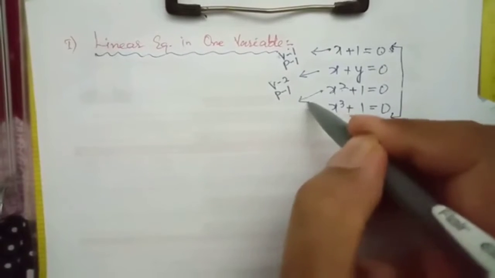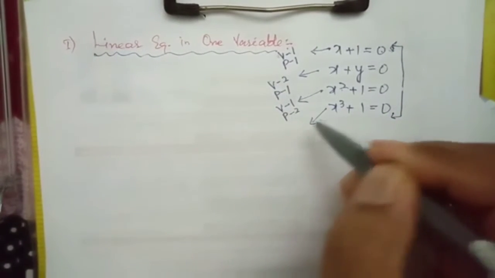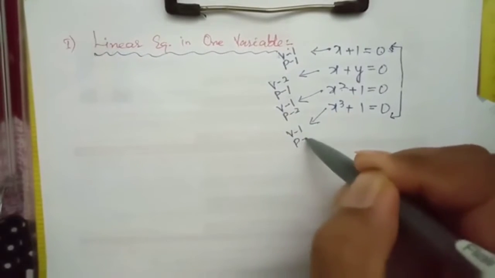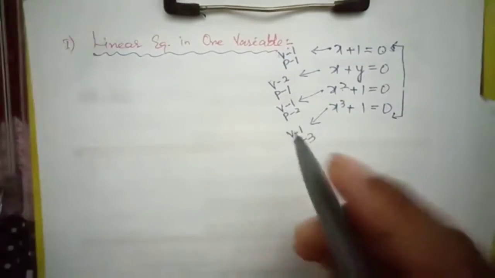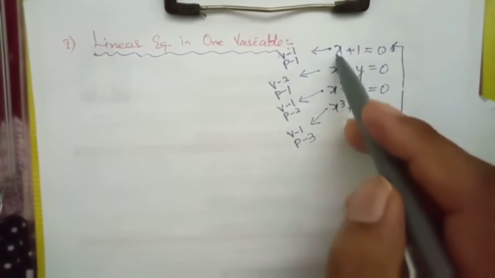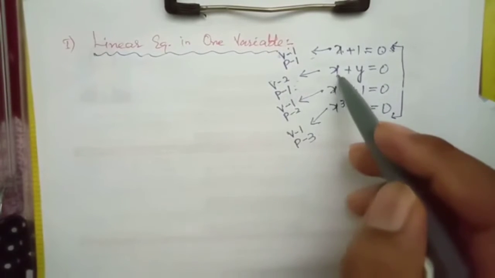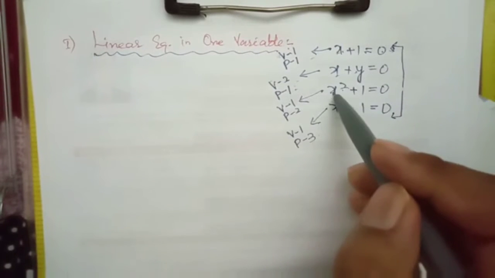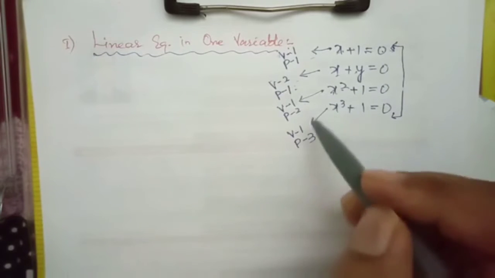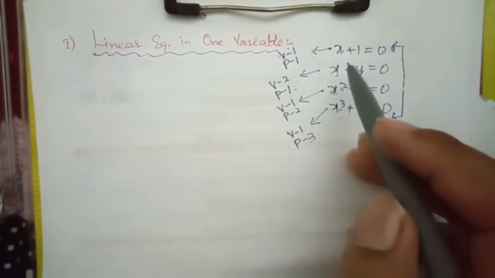Here there is only one variable but the power of the variable is 2, and here is one variable and the power of the variable is 3. Try to understand these. What is the difference between these equations? One variable with power 1, two variables each having power 1, here one variable with power 2, here one variable with power 3.